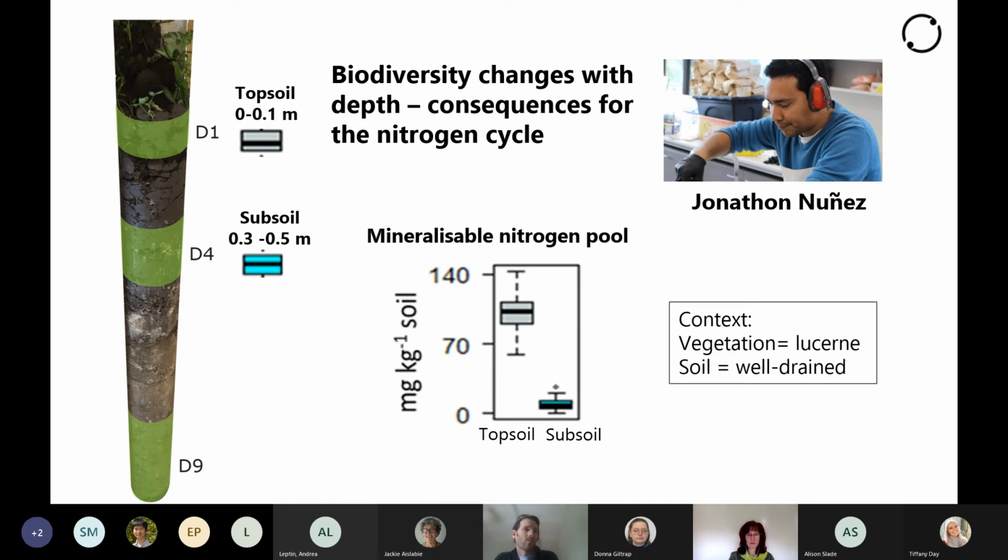And so what Jonathan looked at was how the concentration of nitrate in the topsoil and the subsoil is linked with properties of the microbial community. And the reason for this was because you've heard earlier a lot about the fact that Ashley Dean is set on stony soils and resources and water flow through to depths.